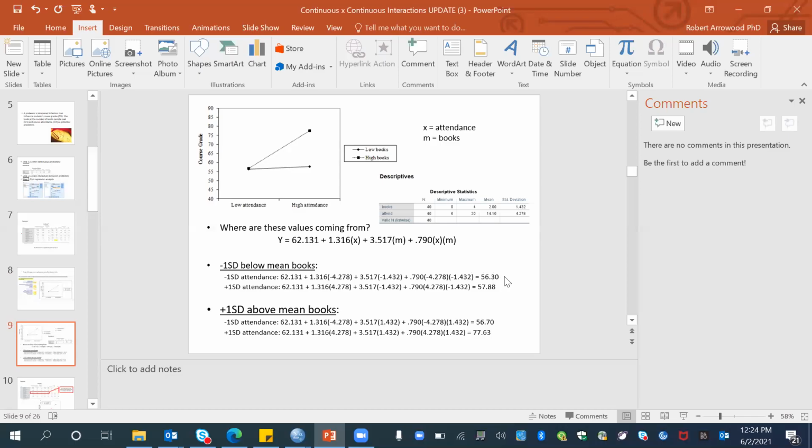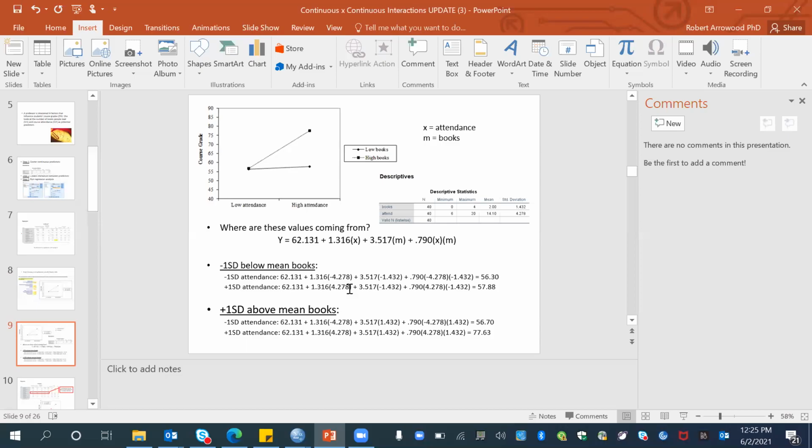And that gives us the score that someone would have if they read one standard deviation below the mean of books and attended one standard deviation below the mean of classes. We can do the same thing here for those who read a low amount of books but attended a lot of classes. So again, y-intercept plus our slope of attendance times plus a standard deviation, because again, we want to look at high attendance here.